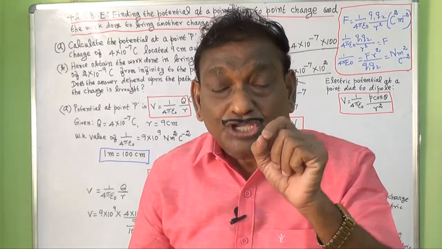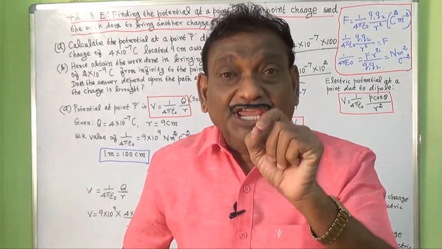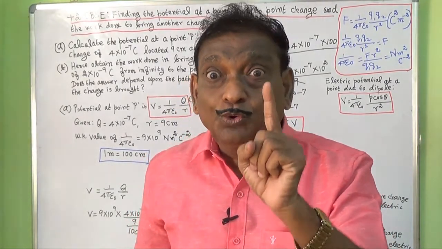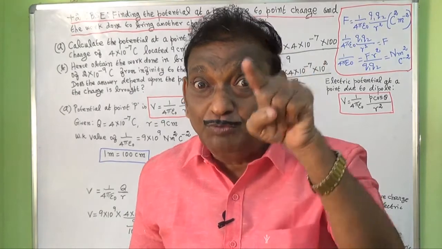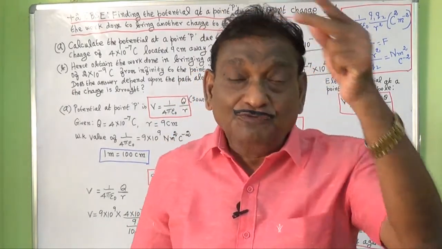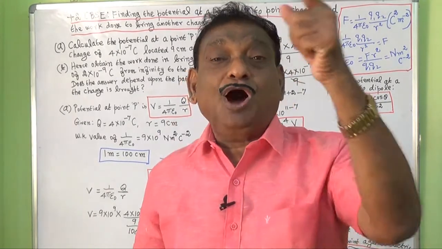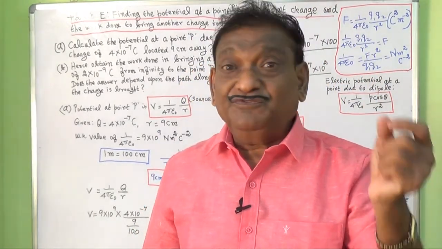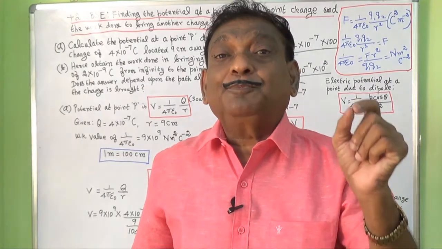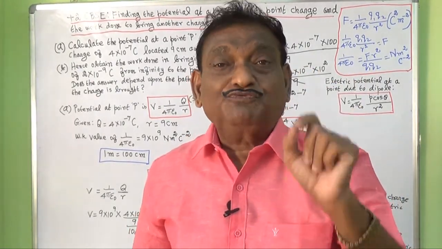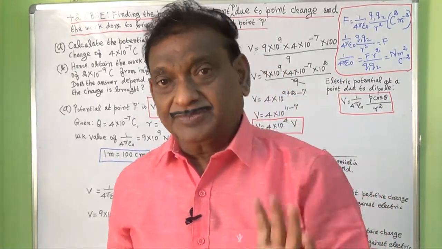How much charge is to be moved in the case of electric potential? The one unit positive charge is to be moved. From where to where it is to be moved? From infinity to a point. At which point? At the point at which we are going to find the potential.